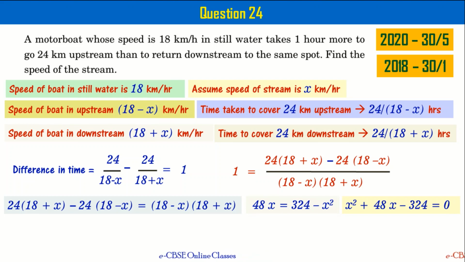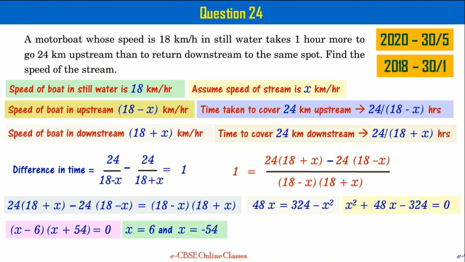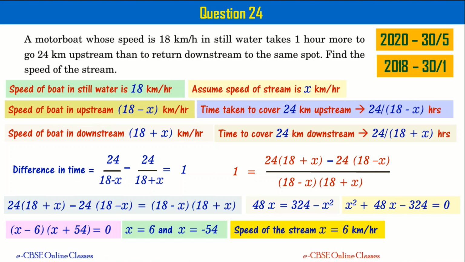If you use splitting the middle term, you get x minus 6 times x plus 54 equal to 0. It means x equal to 6 and x equal to minus 54 are the roots for this equation. Time cannot be negative, right? So we can simply drop x equal to minus 54, which is not applicable here. x equal to 6 is the choice. It means speed of the stream is 6 kilometers per hour.